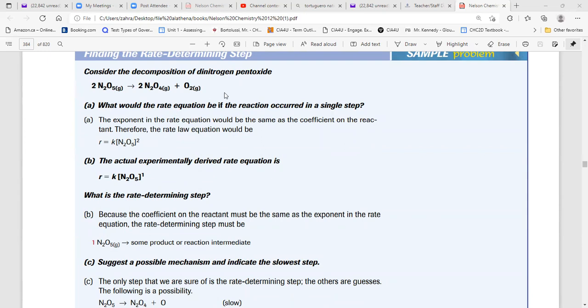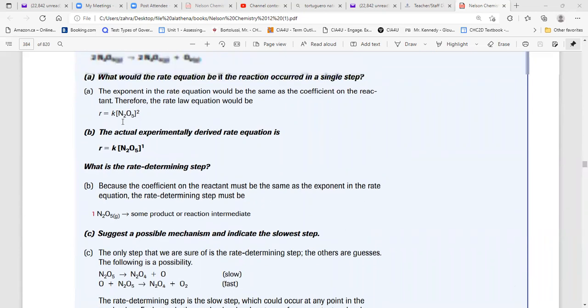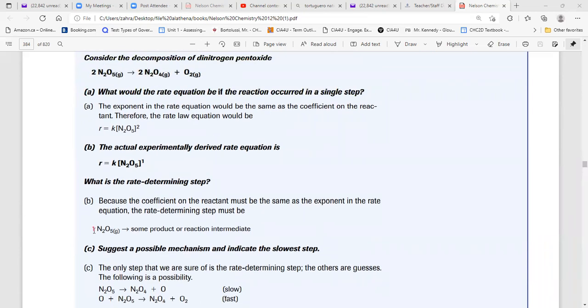If this is the only step happening, then it is rate determining, so the coefficient will be the power when you write the rate law: k[N2O5] to the power of something. But experimentally, we derive it to be this. That's why the rate determining step is not going to be the above one, right? It's going to be 1 N2O5 giving some product.